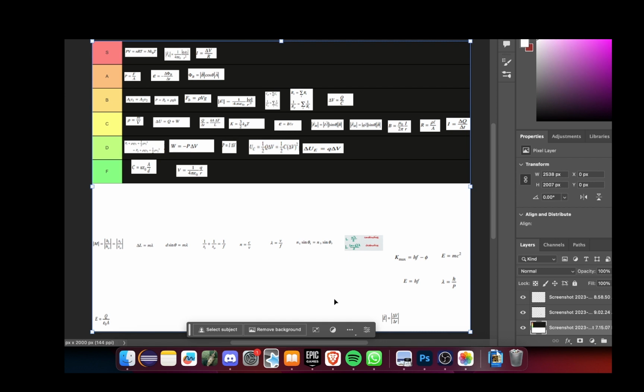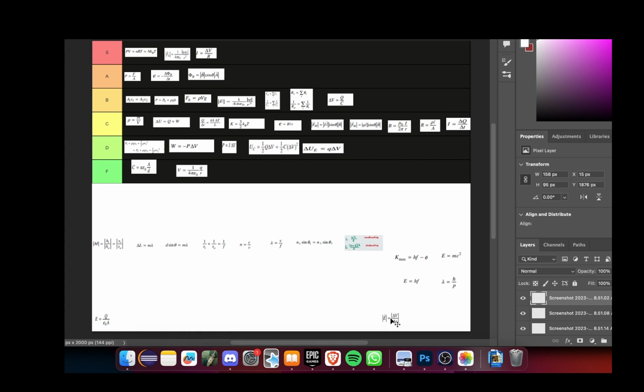If we're sorting them by how fun they are, if you tell me you have fun using delta U equals Q delta V, you're joking. You've got to be trolling. You have a weird sense of humor. You're trying to be edgy. I think the same thing goes for the strength of the field equals delta V over delta R. Again, you're just trying to be edgy.